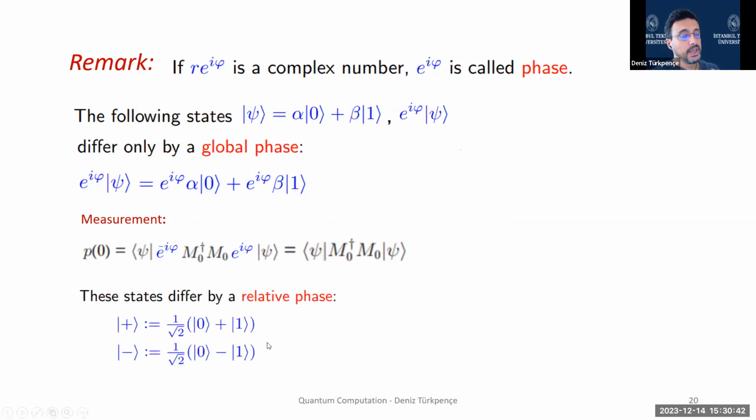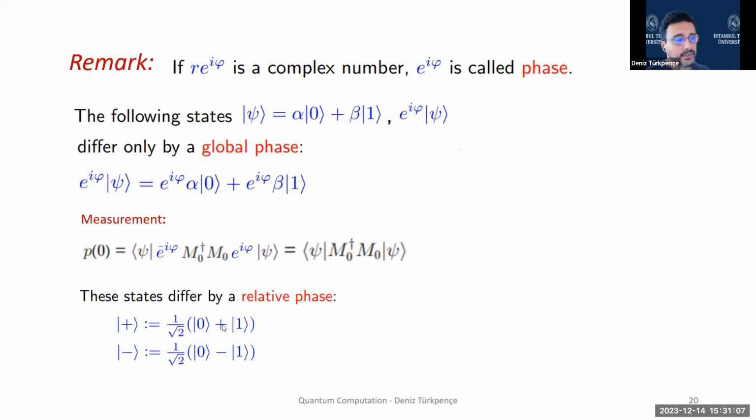However, if there is a phase, not as a global phase, but if you are capable of registering a phase in front of just one of the basis states, this is called a relative phase. And this relative phase is observable after the measurement.